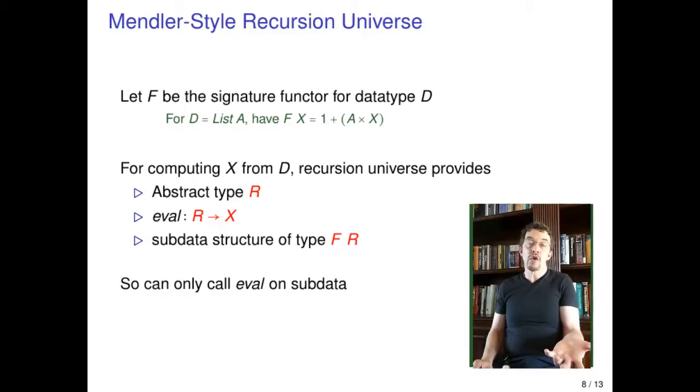So that ensures you are doing a structural termination, even though there's no check about whether this variable I'm making a recursive call on is somehow structurally derived from my input or anything like that. It's all done through the typing.